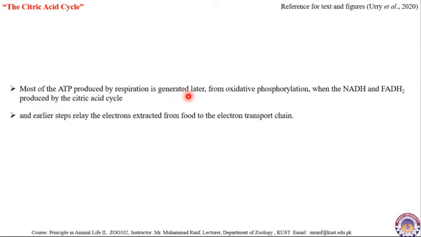Later means in the electron transport chain, and the process is oxidative phosphorylation, when NADH and FADH2 produced by the citric acid cycle and earlier steps relay the electrons extracted from food to the electron transport chain. Now let's calculate the number of ATP, NADH and FADH2 produced.